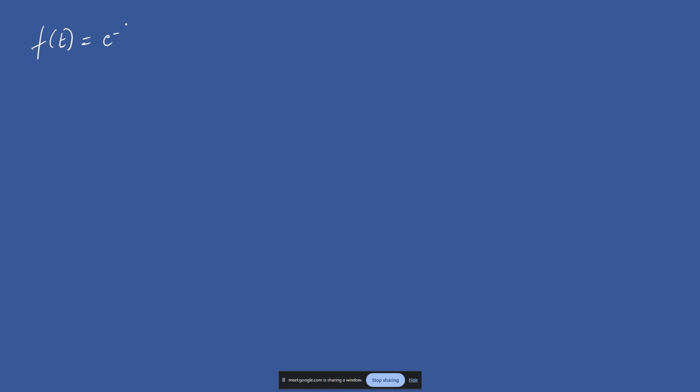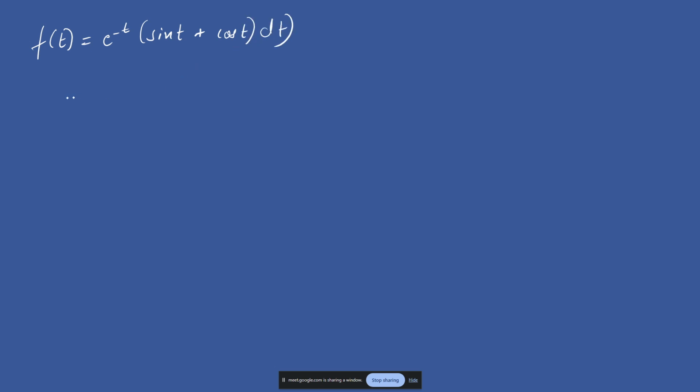So for obtaining the coefficients for our case, our function is given by f(t) = e^(-t) (sin t + cos t).